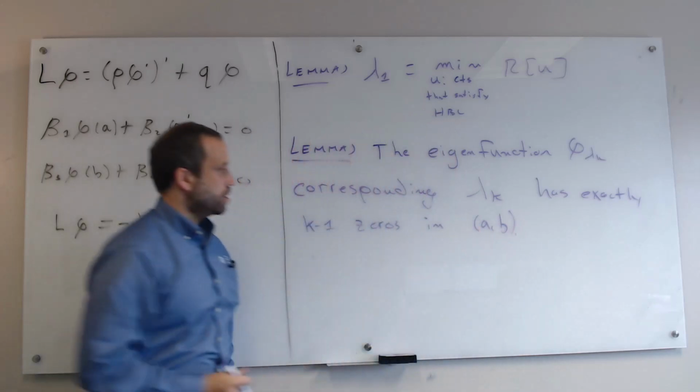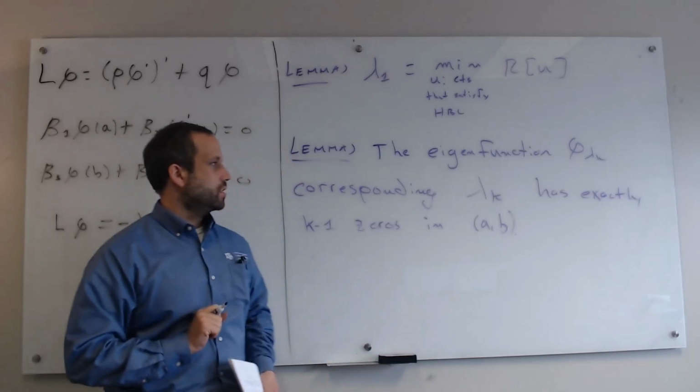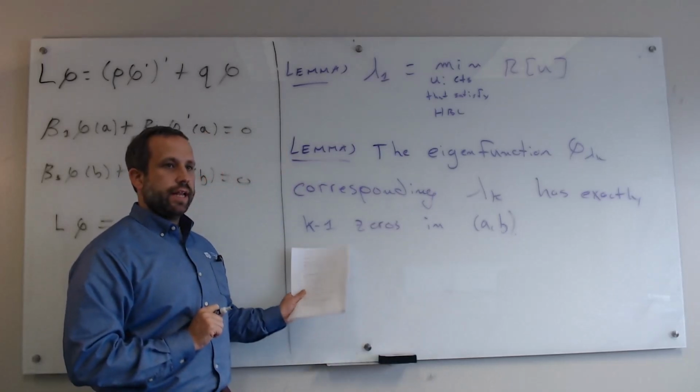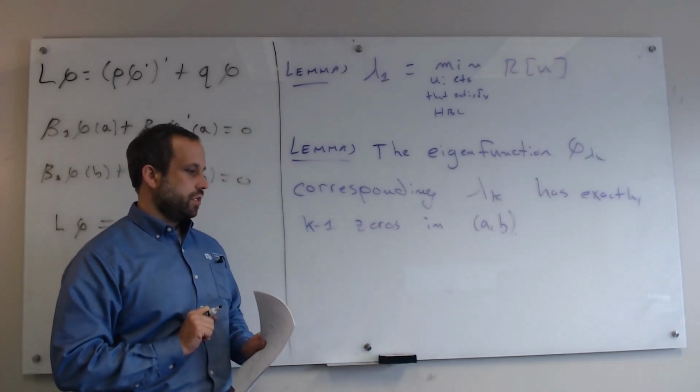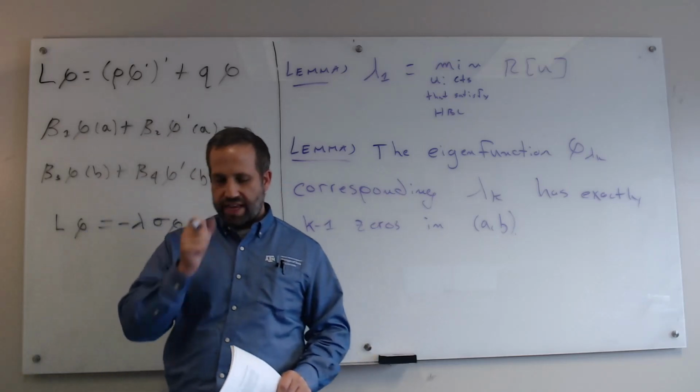And notice I'm not including a or b there. So if phi of a is equal to 0, that's not included in this count of k minus 1 zeros. So think about the eigenfunctions that we've looked at so far.